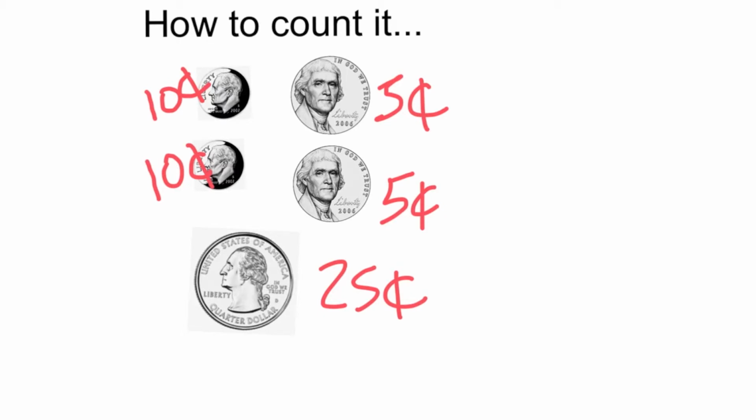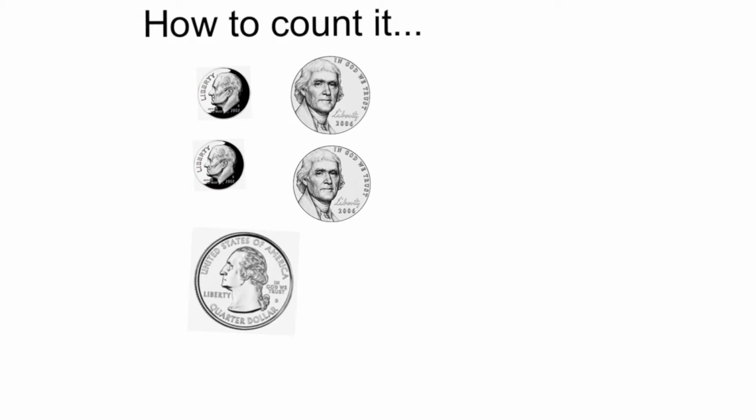But that's not going to help us if we don't know how to count by tens and fives. So we're going to start by counting by ones. Remember I told you this was worth 25 cents? Since that's the biggest value we have, we're going to start by counting that. We don't have to count up to 25. We already have 25. And then we go to the next one, the nickel. So we start at 25, and I'm going to count 5 little marks: 1, 2, 3, 4, 5.